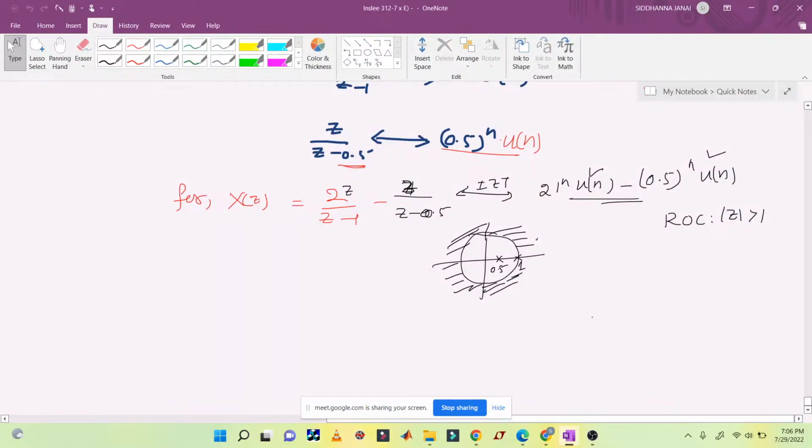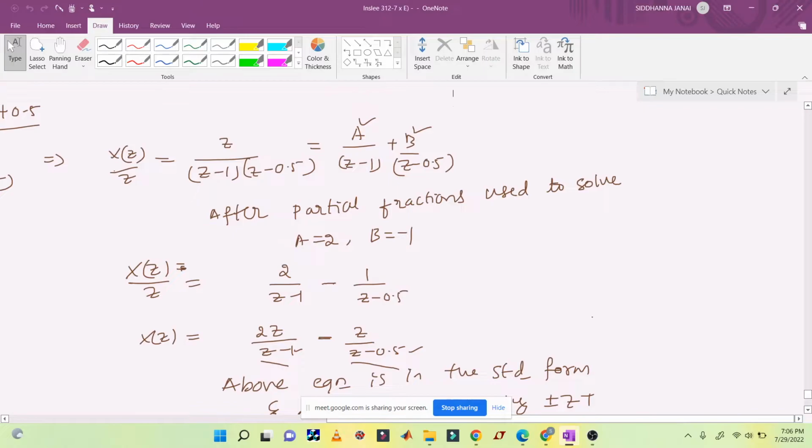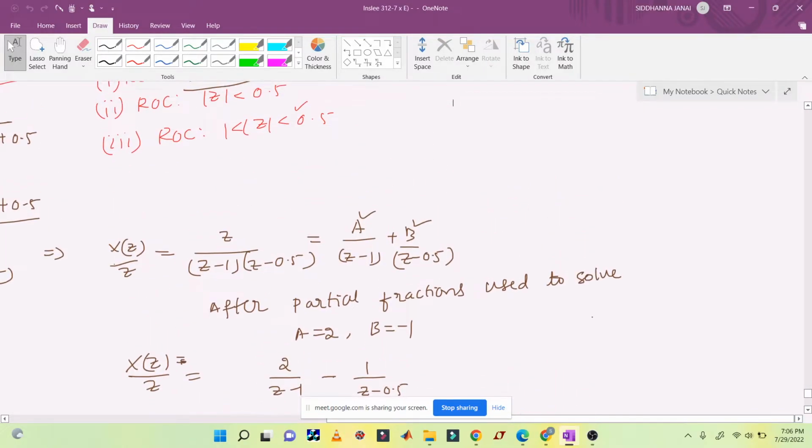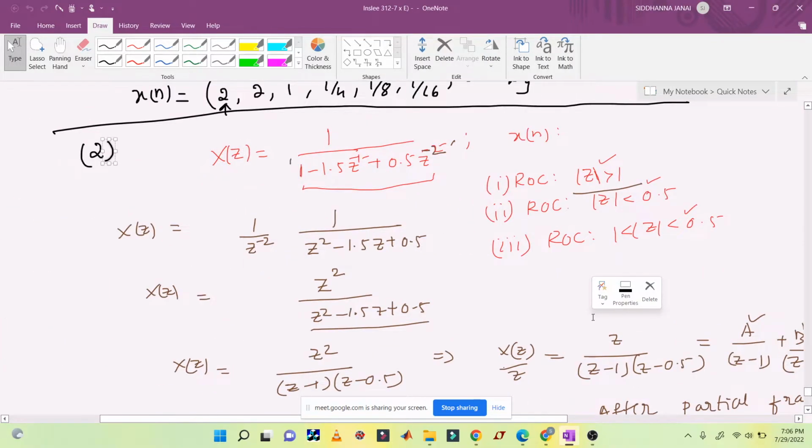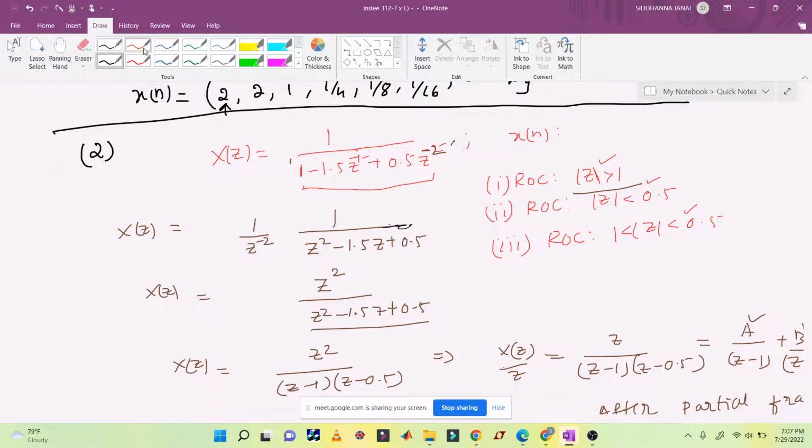In the previous class, we were discussing inverse Z transform, and the task here is to find the inverse Z transform for three conditions. First condition, ROC |z| greater than 1.